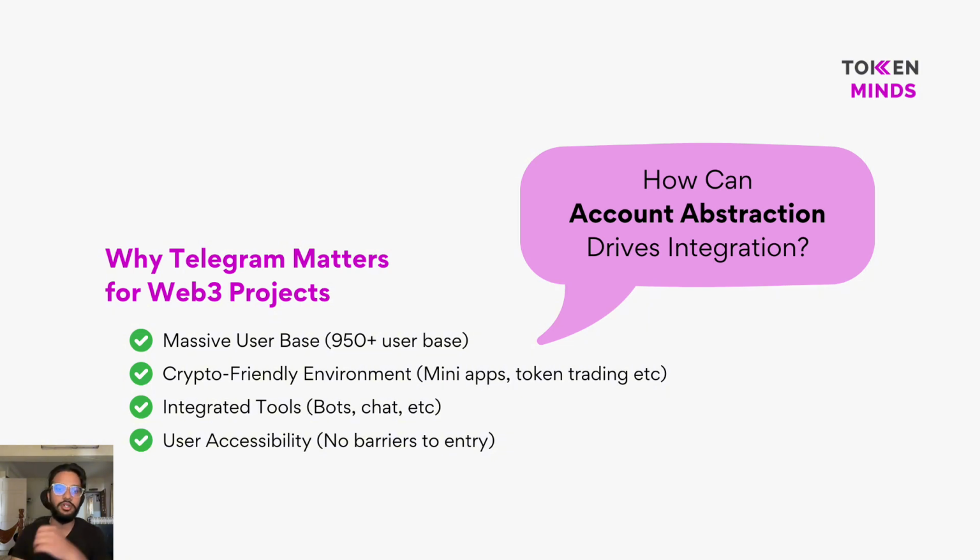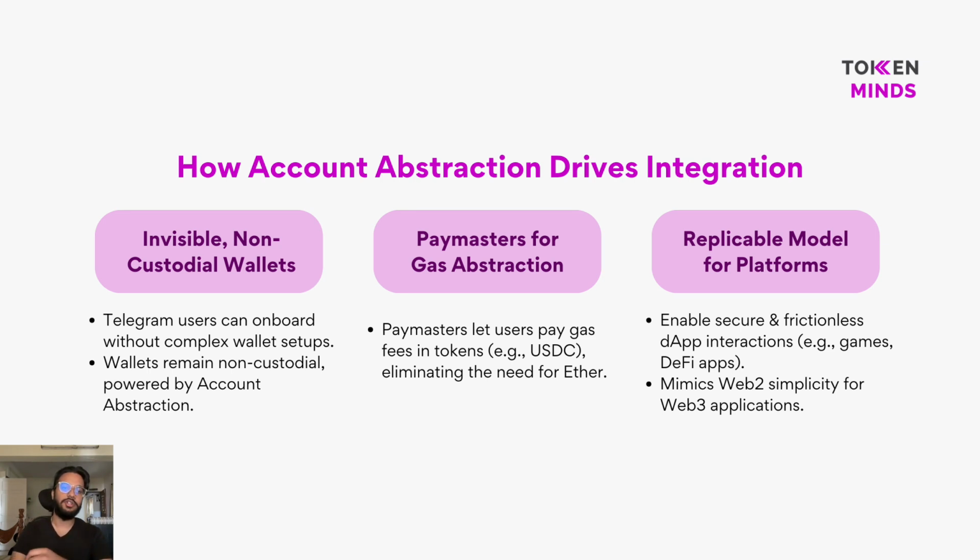So what drives account abstraction technology in the Telegram ecosystem is that it has invisible non-custodial wallets. Telegram users can onboard without any complex wallet setups. For example, I cannot really remember the name of the game, but it is already a web3 pay-to-earn game on Telegram, and it has 30 million active users per month.